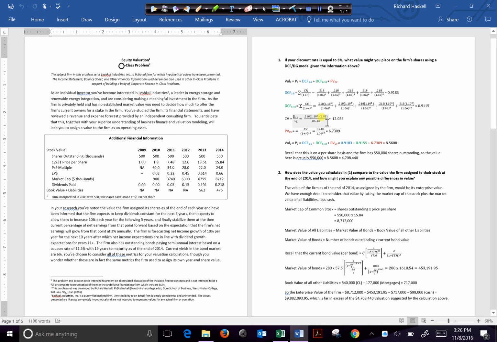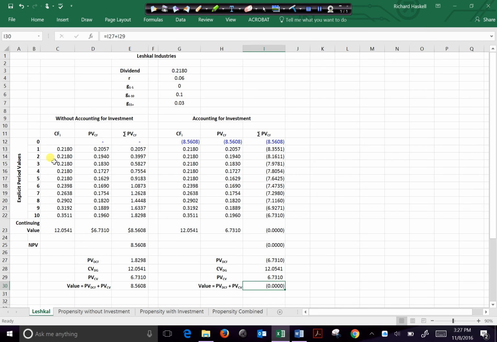And we've now expanded that by another 3%, because that's our longer term G in the scenario in Lesh-Cal, and divided by R minus G, which brings us 12.054 for the continuing value. That value lives 10 years into the future. So in the next set here, we're discounting it back, and then we're adding them together. Well, that's exactly what we're doing here.